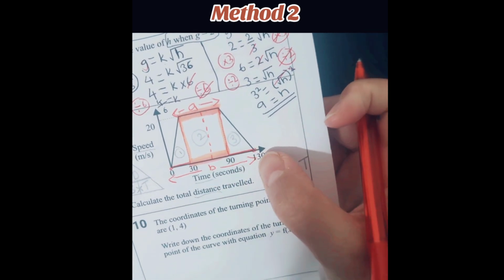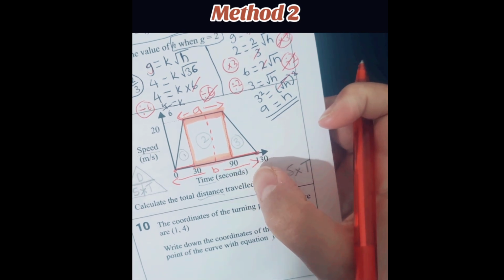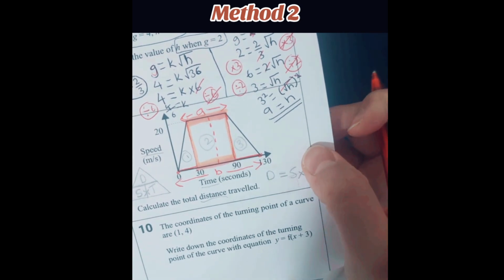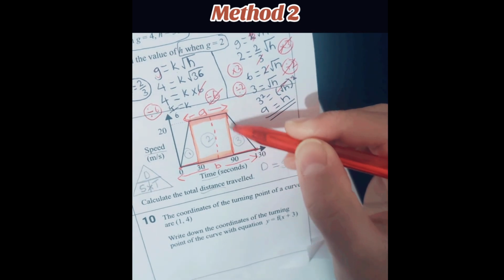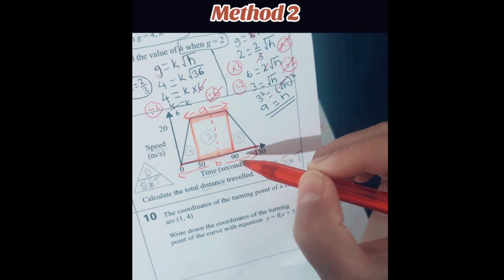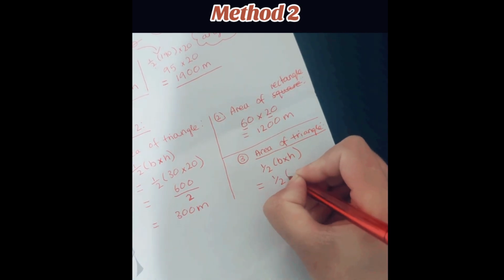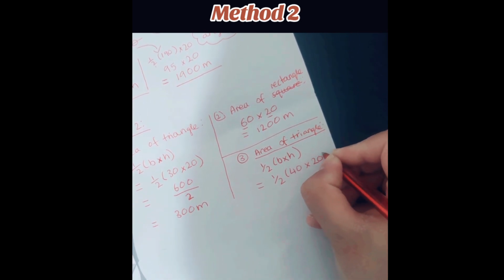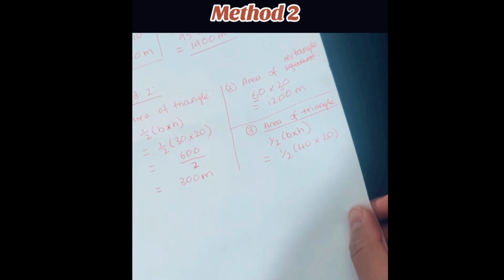So 90 to 130, the base is going to be 40. Okay, 130 minus 90 gets us 40. And then the height, okay, is again 20. So it's half times by 40 times by my height, which is 20. So the height was 20 for all of them.